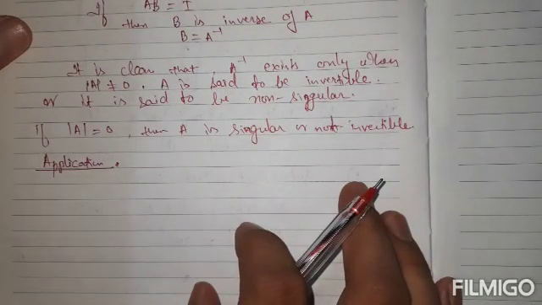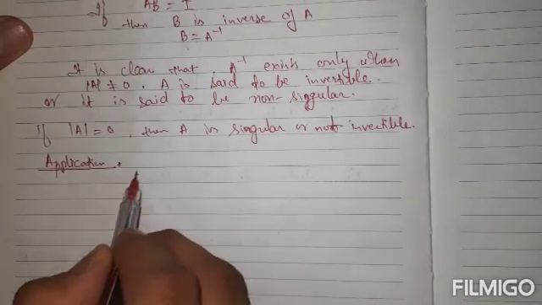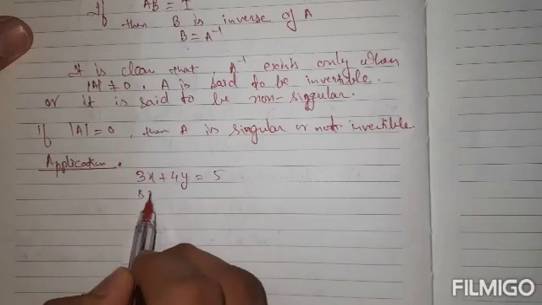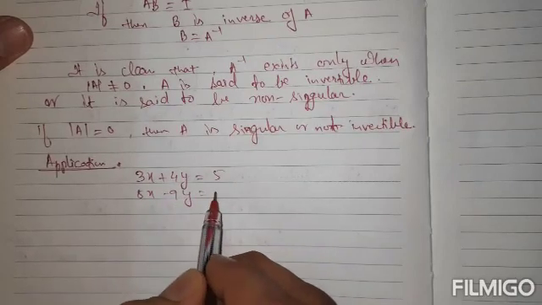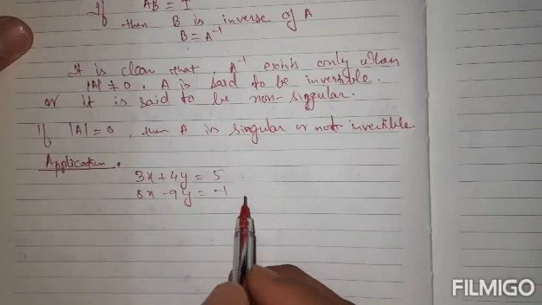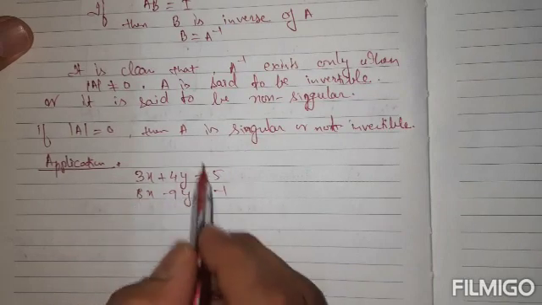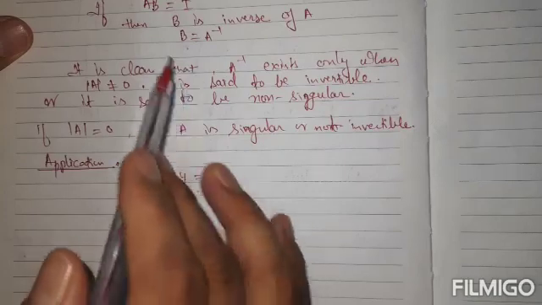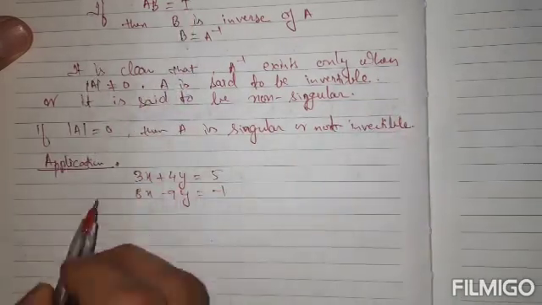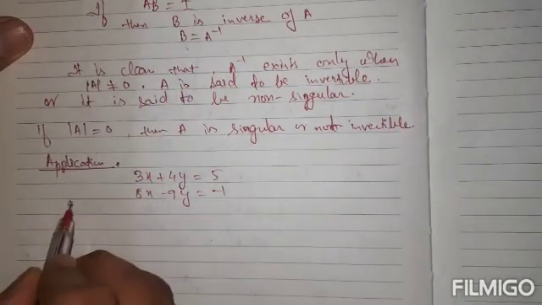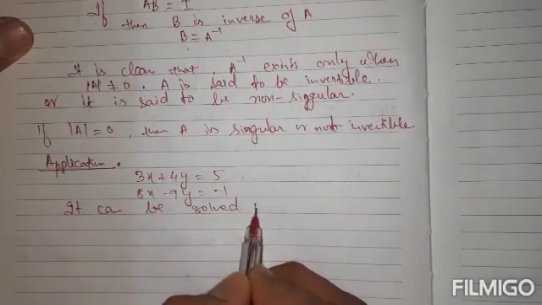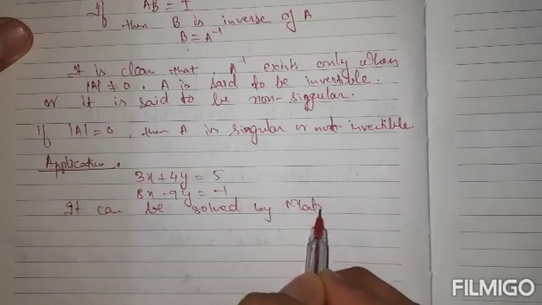For example, if we have this kind of system, 3x plus 4y is equal to 5, 8x minus 9y is equal to minus 1, like this one. This system of linear equations can be solved by the matrix method.